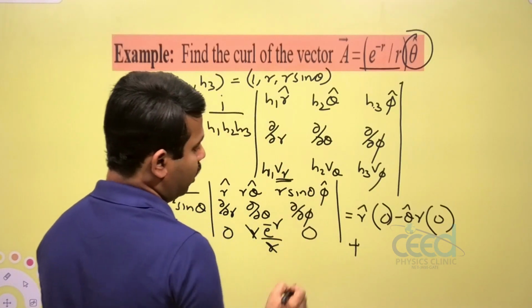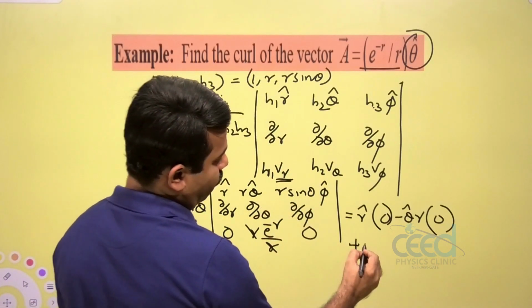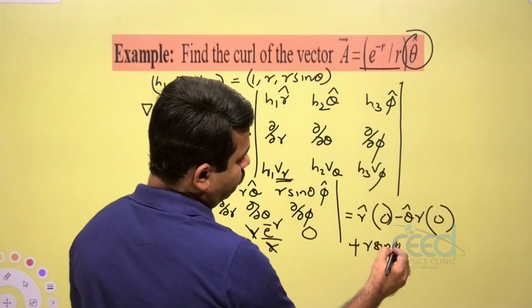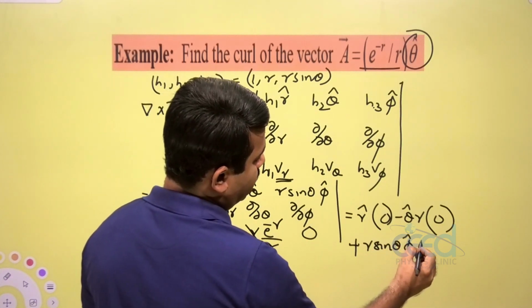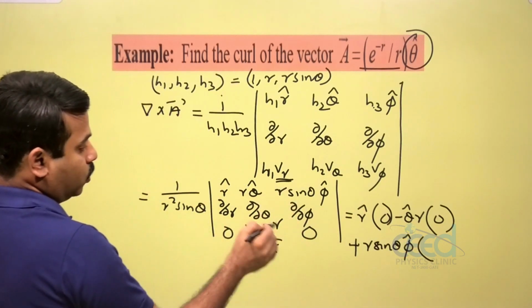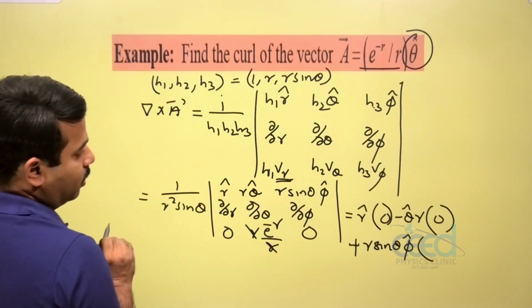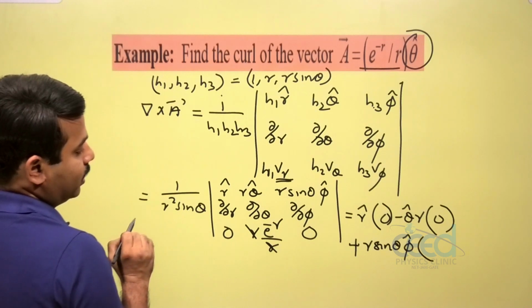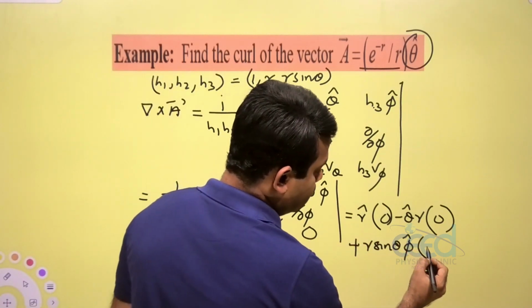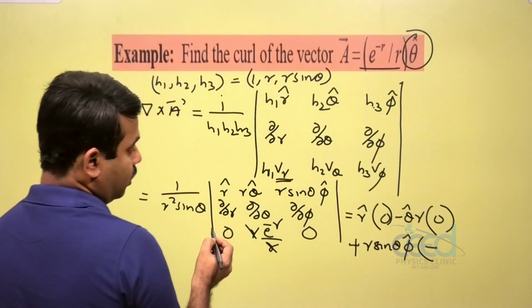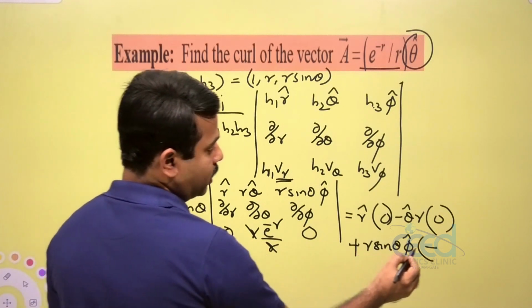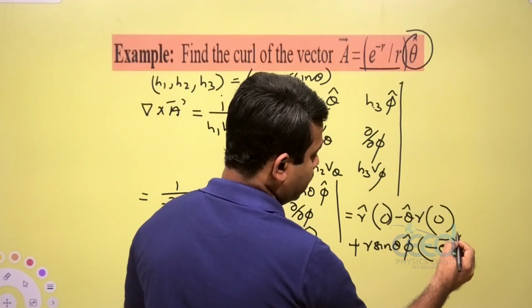Plus the final component, r sin theta phi cap into dou by dou r of e raised to minus r, which is minus e raised to minus r.